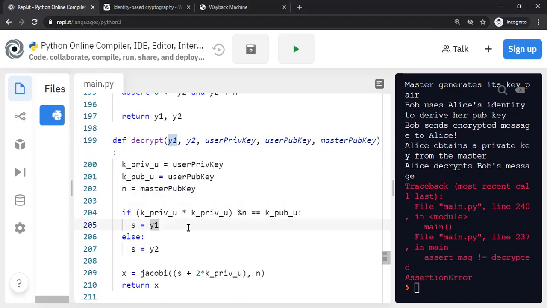There are two ciphertexts coming from the sender for each bit. Of course, it's a little bit inefficient because you're only sending one bit at a time, but this is one of the key ideas that I wanted to share with you regarding this particular paper.